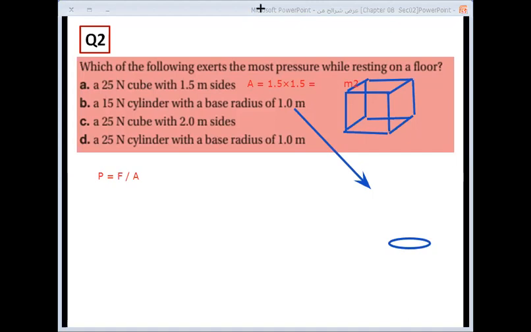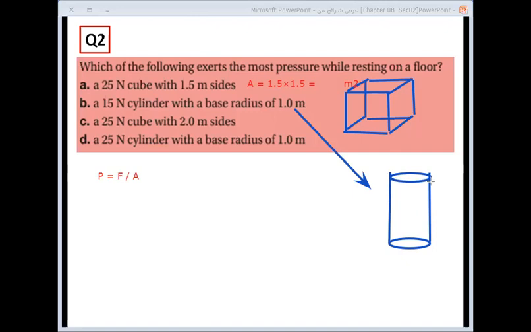It looks like that. Its base is a circle.